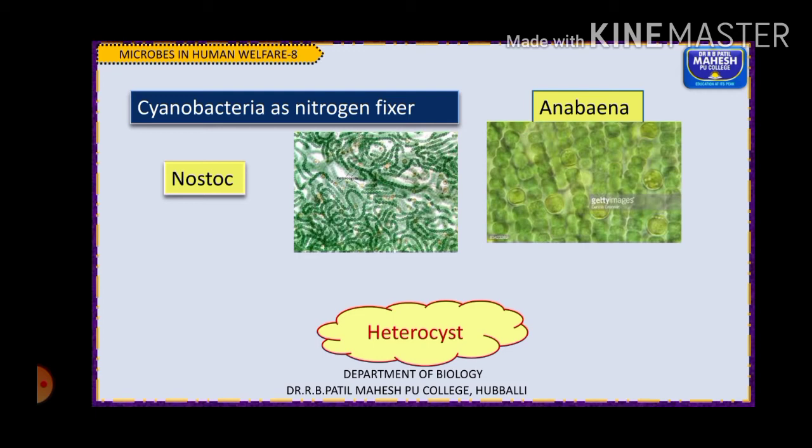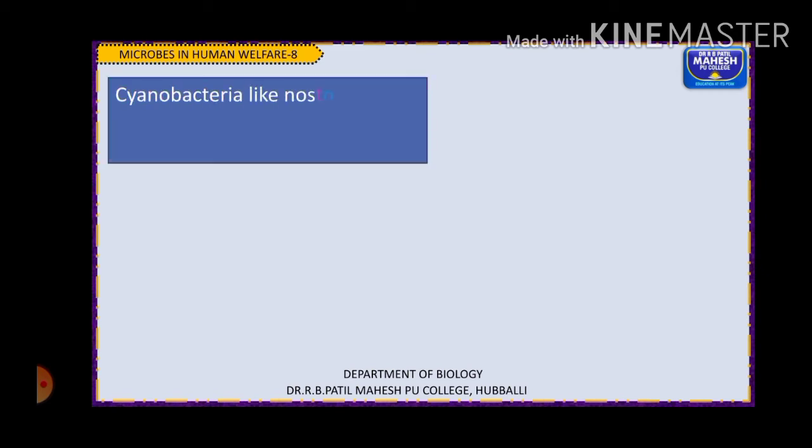In them they have thick walled, specialized cells called heterocysts, which are the site of nitrogen fixation, and they fix nearly 30 kg of nitrogen per hectare. So these are being widely used as biofertilizers in different industries.